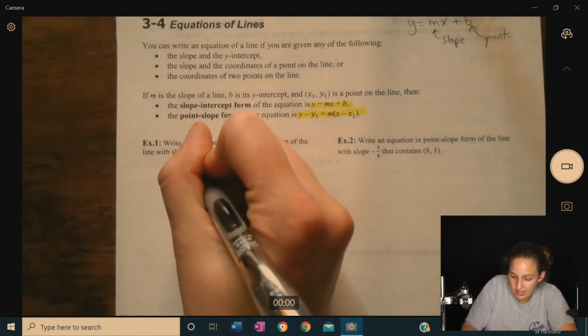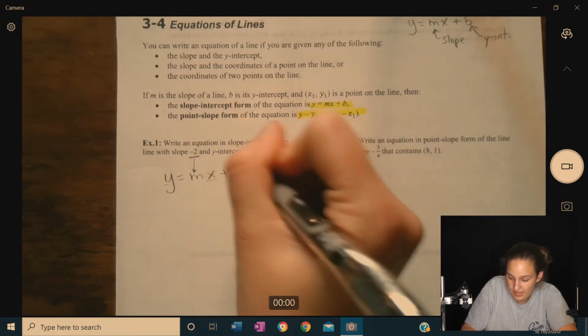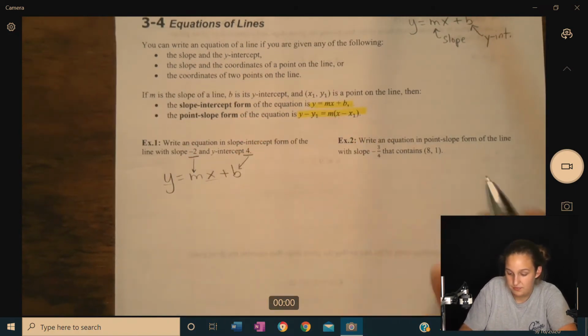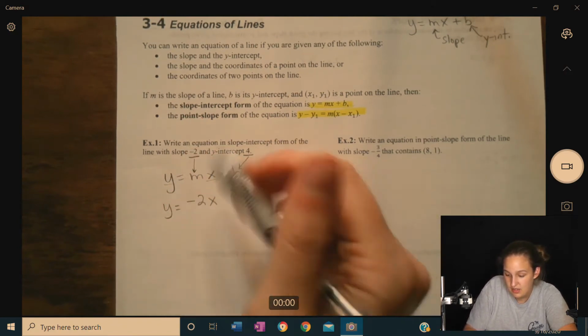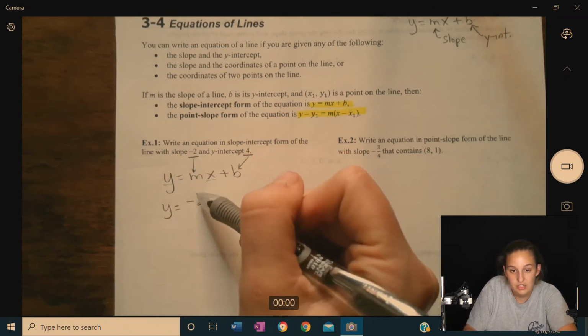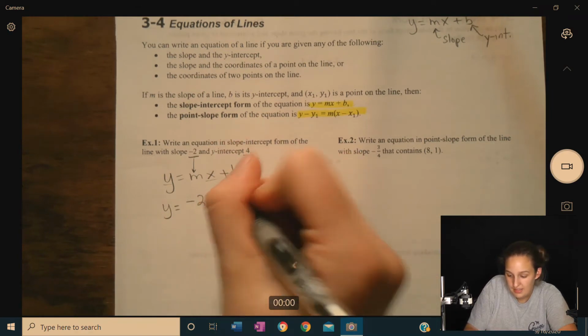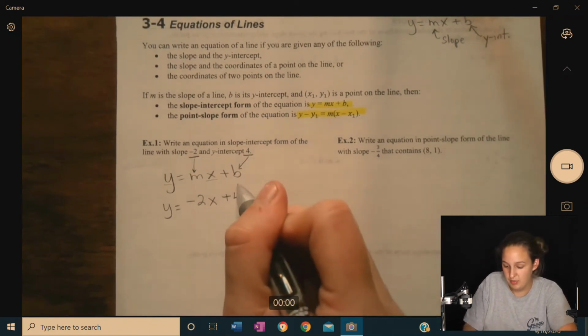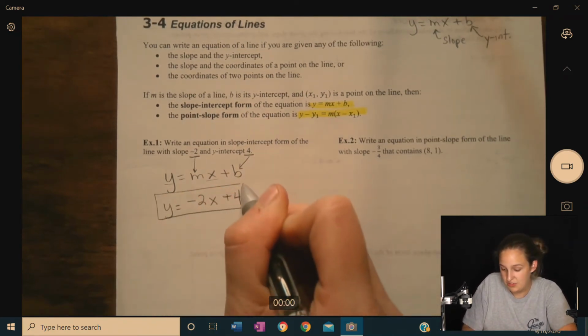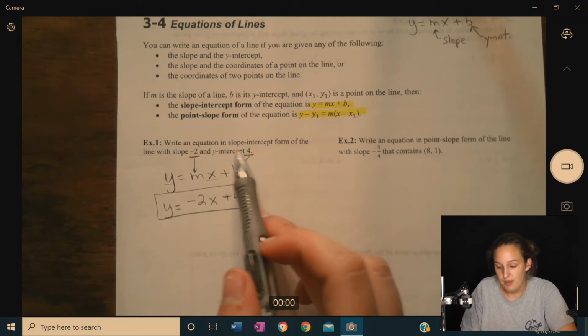So they literally tell us in the problem what each of these is. So then y is equal to -2x, which was what the slope was, plus the y-intercept, 4. So y is equal to -2x plus 4.